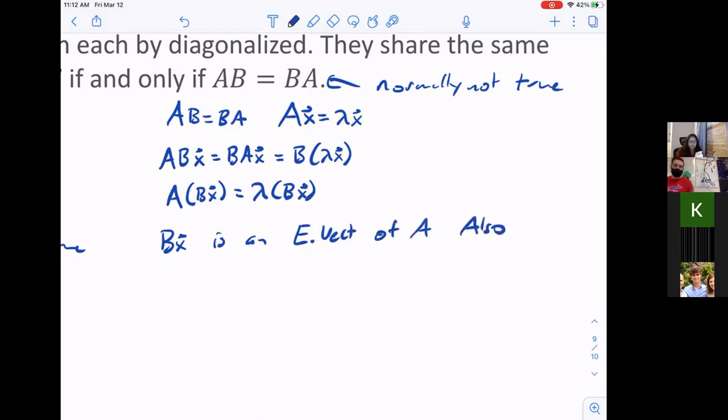That's the definition: when I do A times BX, I get a multiple of BX. That means BX is also an eigenvector of A.